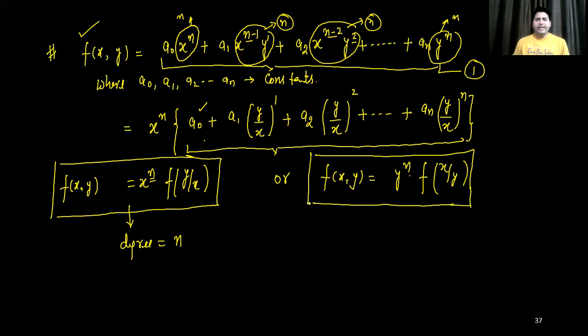That is, students, I am getting three standard notations till now: one, which is given by equation 1, two, that is equation 2, and three, that is equation number 3. It is also a homogeneous function of degree n.